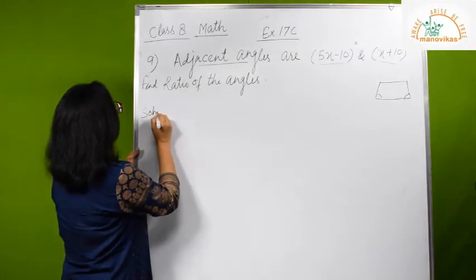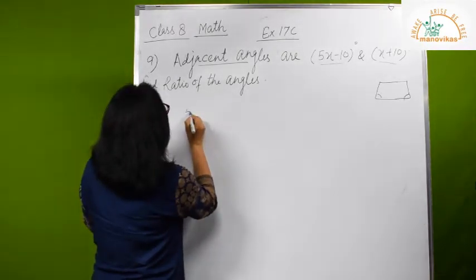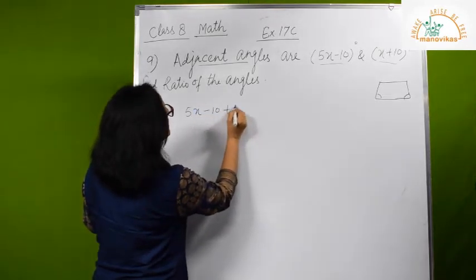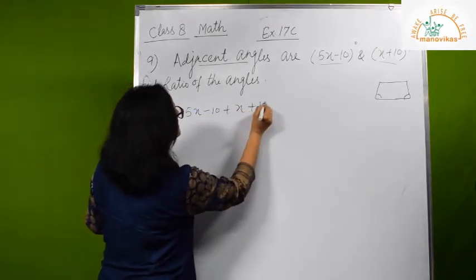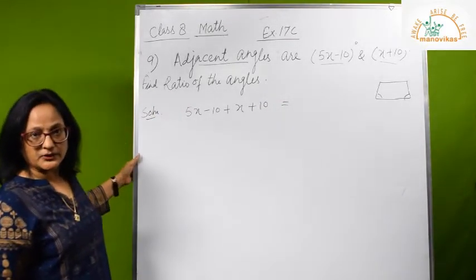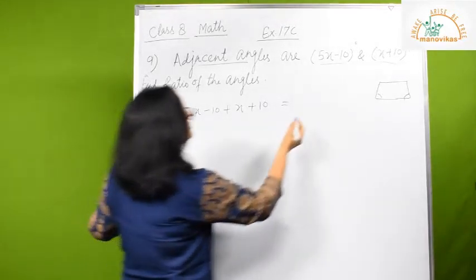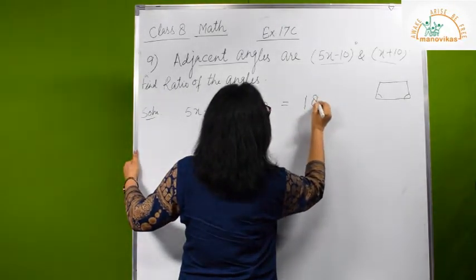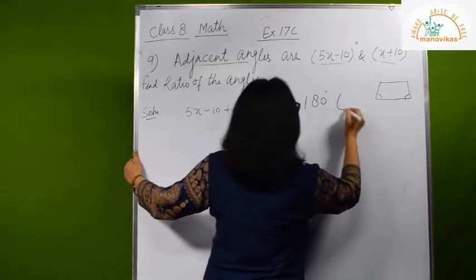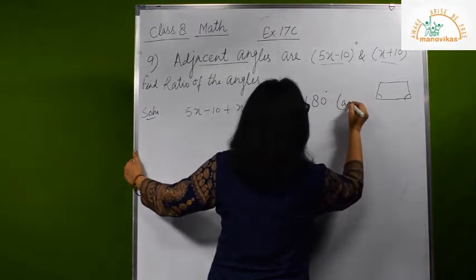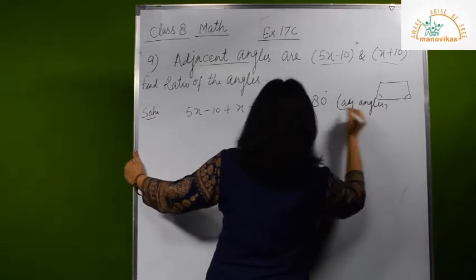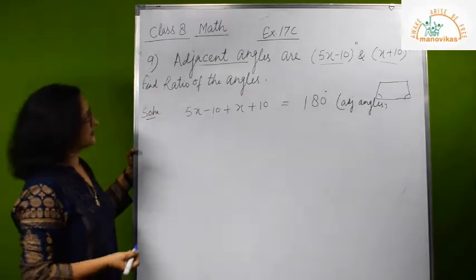So use this property: 5x minus 10 plus x plus 10. The sum of adjacent angles of a parallelogram, they are supplementary. So supplementary means their sum is equal to 180 degree. Here you will give the reason: adjacent angles. That's why their sum is equal to 180 degree.